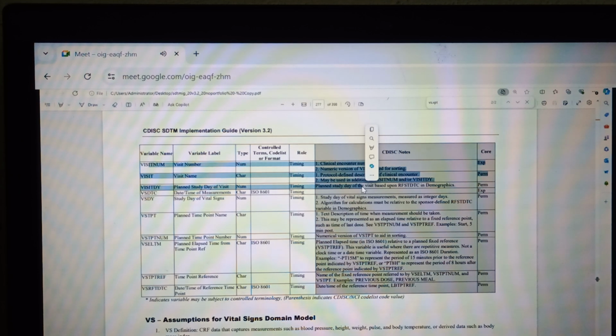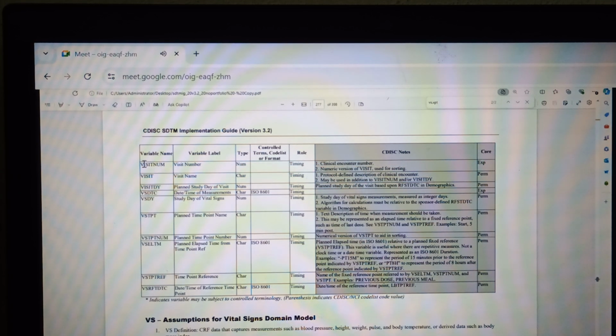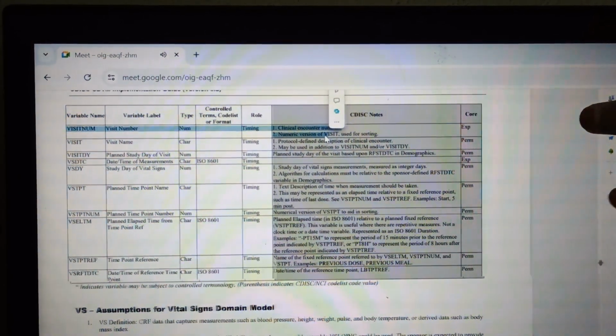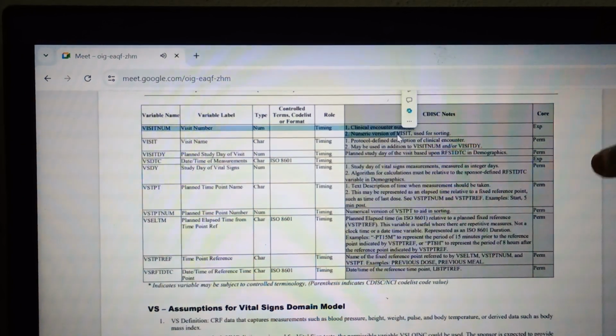Lab is going to capture visit 1, screening and visit 6. Let's assume ECG will be captured at each and every visit. So they will plan something like that. It means for each record, which visit they captured it in, we have to keep it. So visit num is the particular visit's numeric number, as I said, 10, 20, 30, 40. We can give it based on the trial visits.